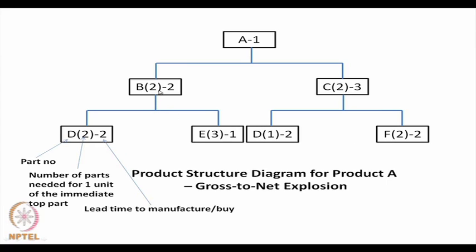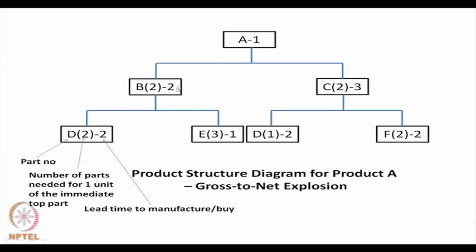This, within parentheses, says that 1 unit of A requires 2 units of B and 2 units of C. 1 unit of B requires 2 units of D and 3 units of E. 1 unit of C requires 1 unit of D and 2 units of F. Also written here are some numbers: 1, 2, 2, 1, 2, 3 and 2.